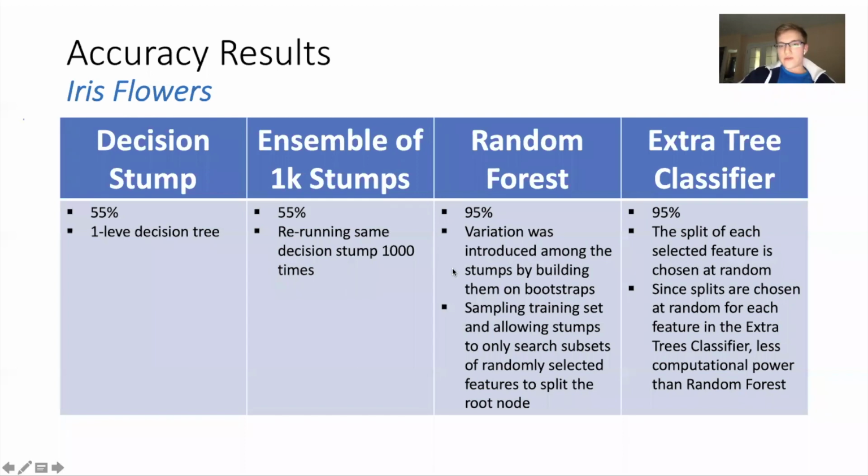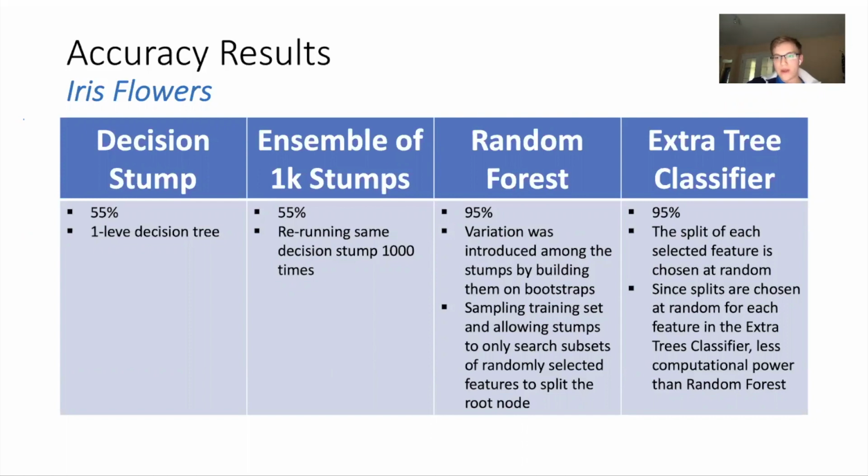With random forest, we saw that there was some variation that was introduced, basically by building the decision stumps on bootstraps, and also because sampling the training set and allowing the stumps to only search for subsets of randomly selected features was used to split the root node. Now, when we compared this with extra tree classifier, again, we had 95% accuracy.